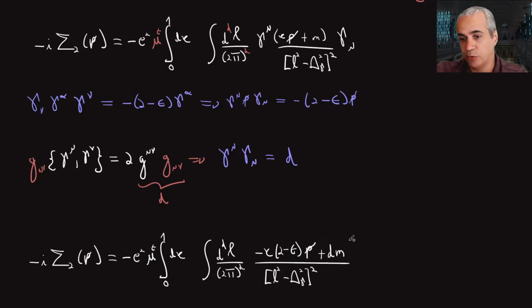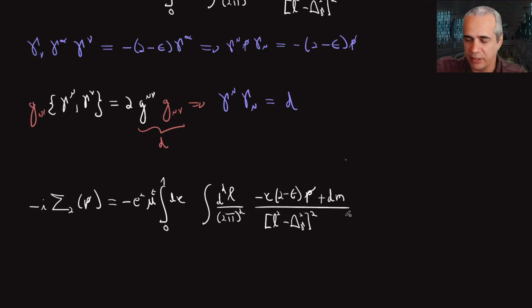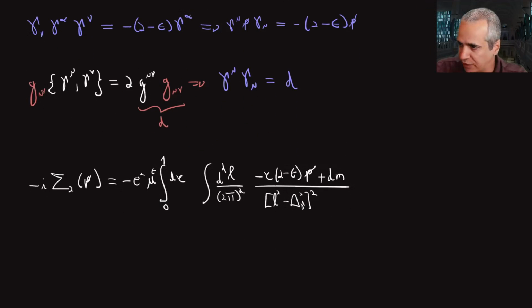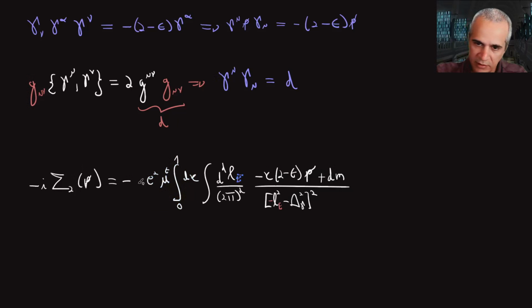Now I want to follow the tricks we have been learning and Wick rotate this, because that will allow me to do the integral, right? So Wick rotation. Now I change this l to an l Euclidean, right? Same here. In this case, there's a minus sign. In this one, there's a complex i coming out here, right?